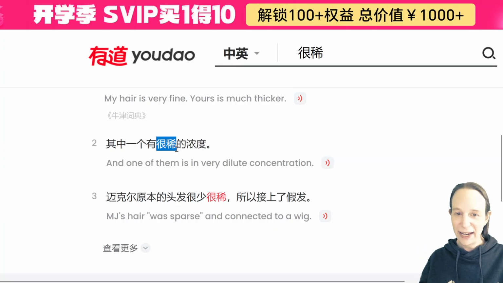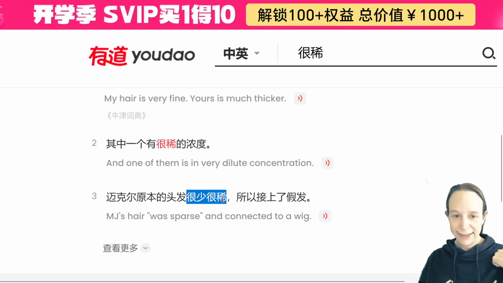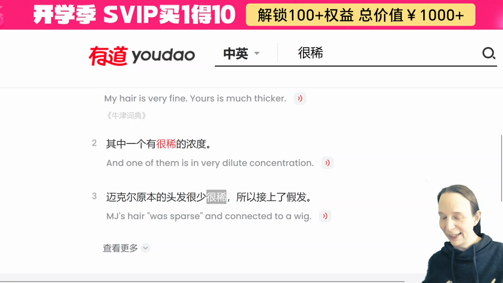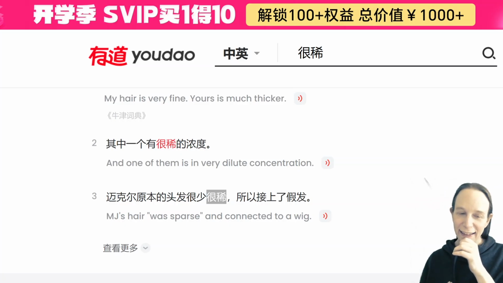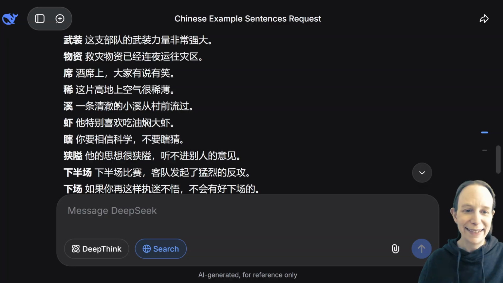So it's a very dilute concentration. Okay, so not many hairs, and I guess it does have to mean thin, because if it was thick, it would be different. Anyway, let us continue.